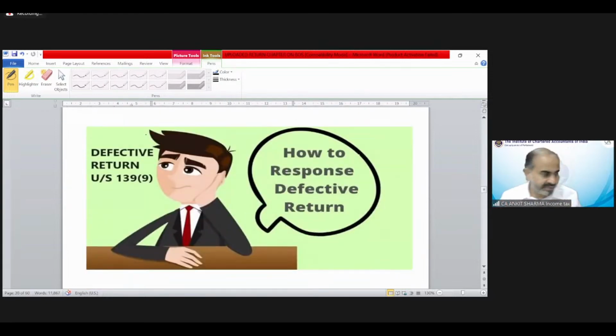Now, defective return. If you forgot anything in your return of income and your department intimated you, like you have a tax liability of 20,000, you have paid the tax, but you forgot to submit the details, the date of payment of tax, the challan number, the bank detail, etc. If you forgot that, or if some TDS was deducted from your income and you forgot to claim that TDS, or you claimed higher TDS, then the department can intimate you about the defect and you have to rectify those defects within the prescribed time given in the notice.